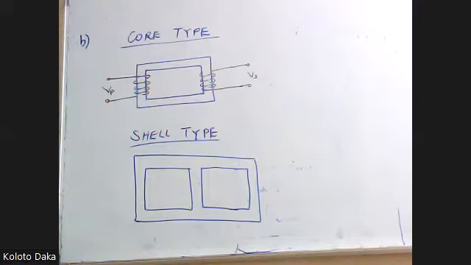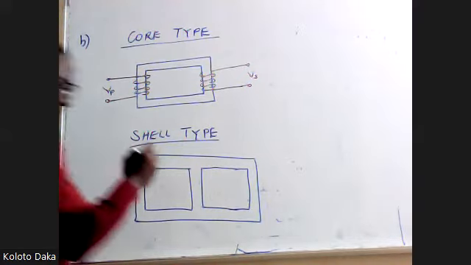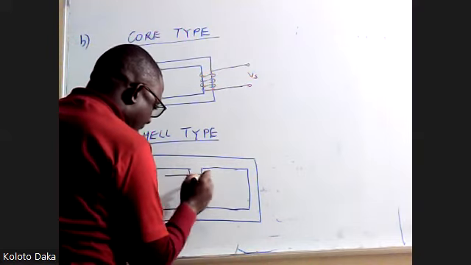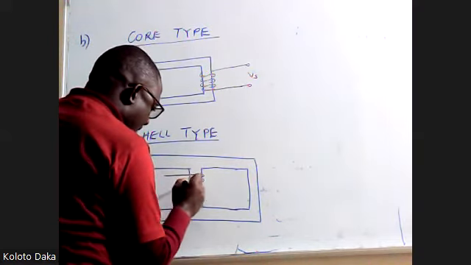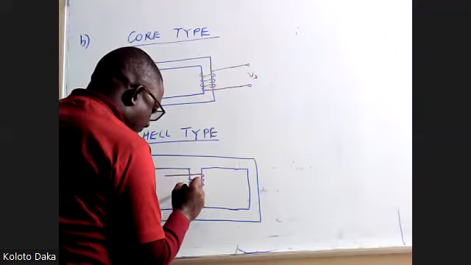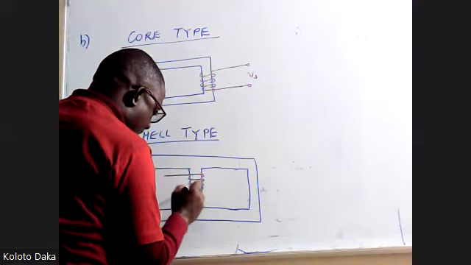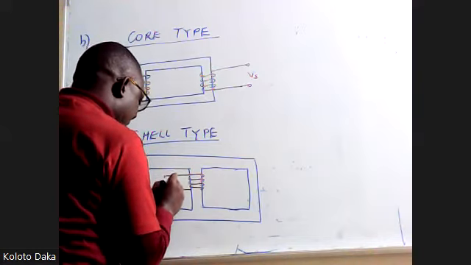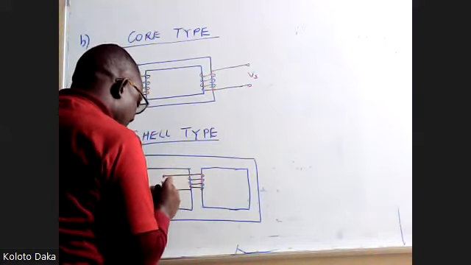Okay. Then in the shell type, the windings are here. This is your V primary.